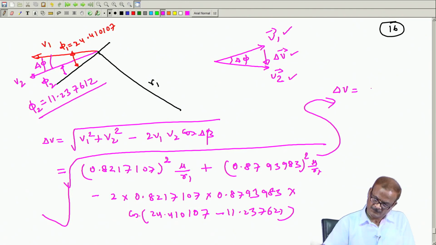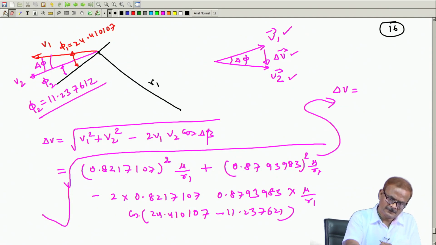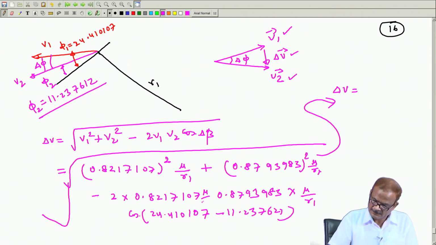So, this will turn out to be delta V equal to, okay, and thereafter mu by r 1 is associated with this. So, I should also write it here, this is mu by r 1 times. Okay. So, mu by r 1 we can take outside and this should be a square here actually. So, mu by r 1 is squared after coming.